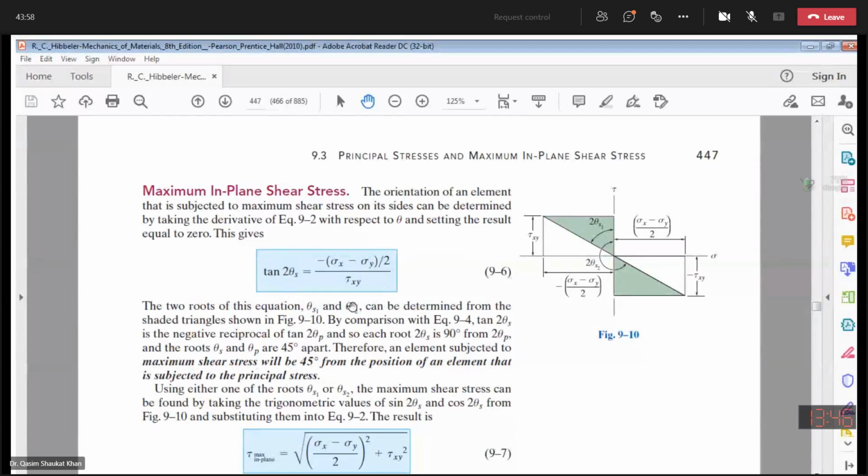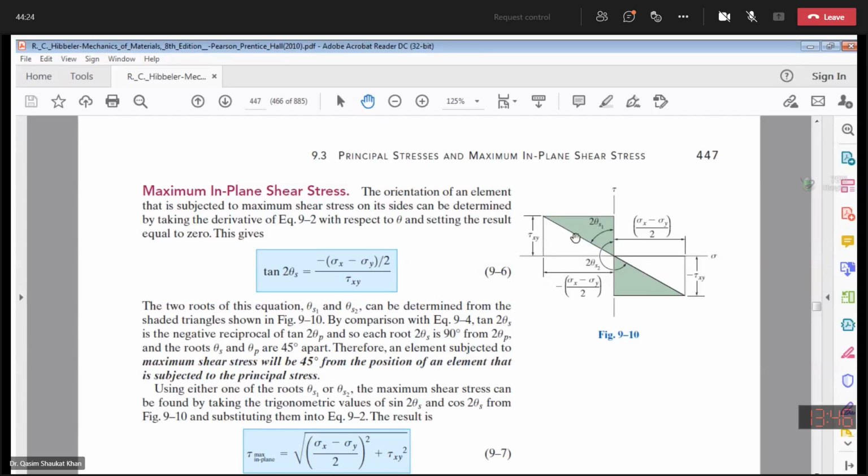Okay, so now we have got this equation, and if we represent it in this form, you can see that this equation is giving me the negative value of tan, which means tan will be negative. In quadrant 1 we know tan is positive, and in quadrant 3 tan is positive.